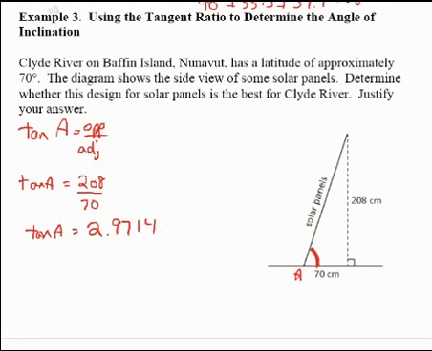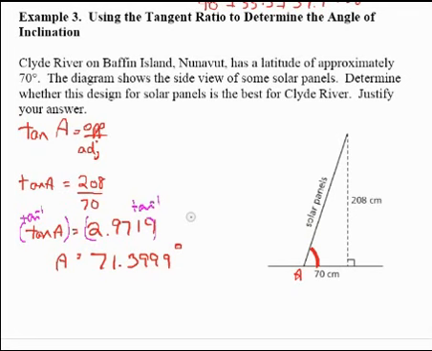And then I need to go tan to the minus 1 and tan to the minus 1 to get A equals 71.3999 degrees. So there's our answer.